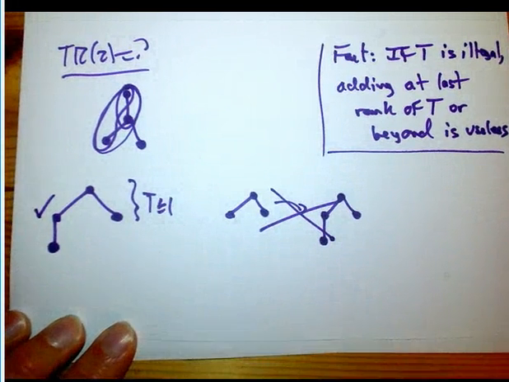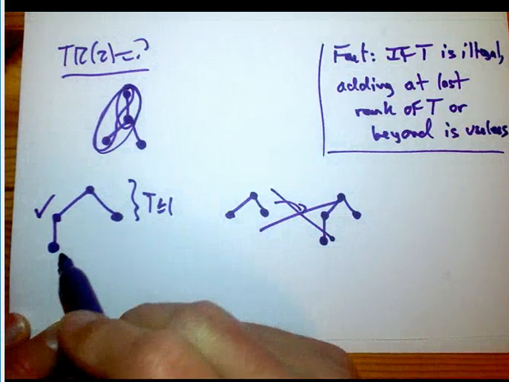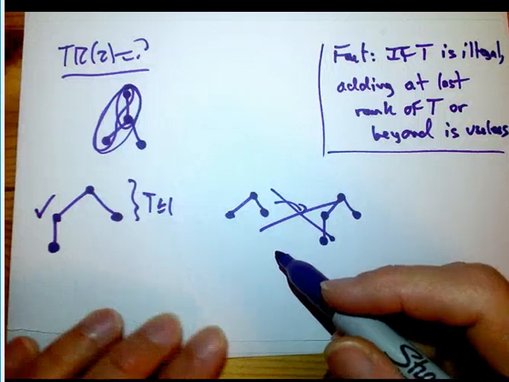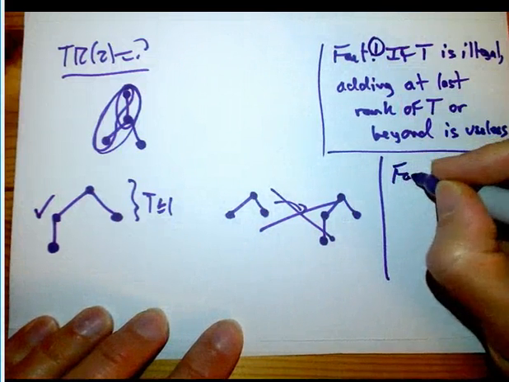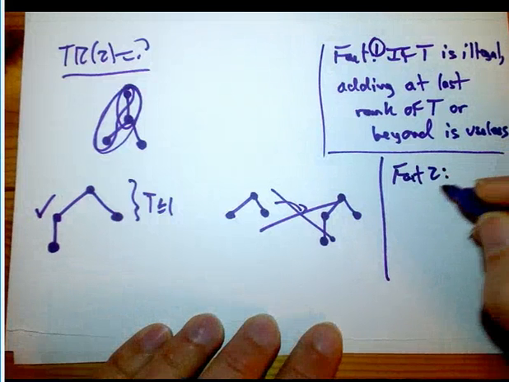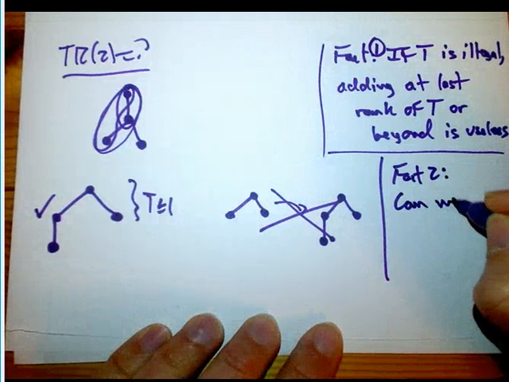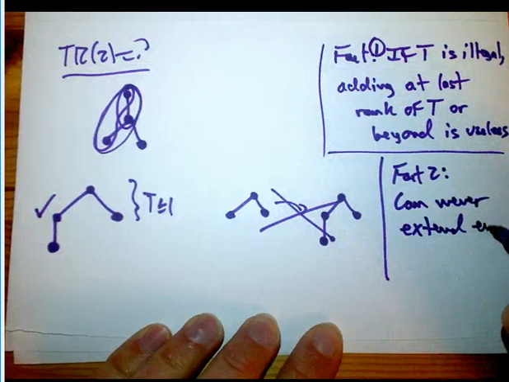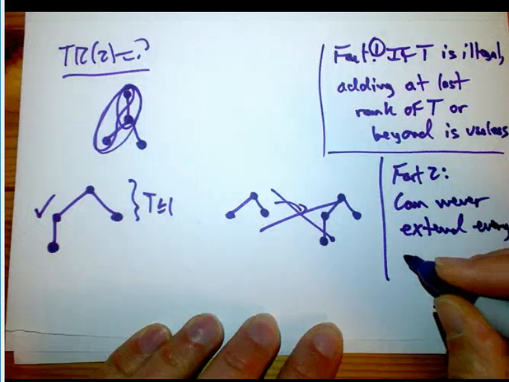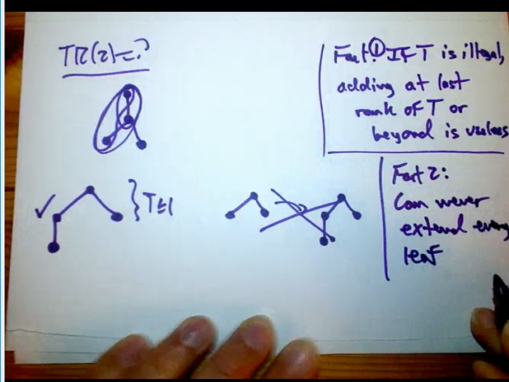Another fact, so that's fact 1, fact 2: we can never extend every leaf, those ending nodes.